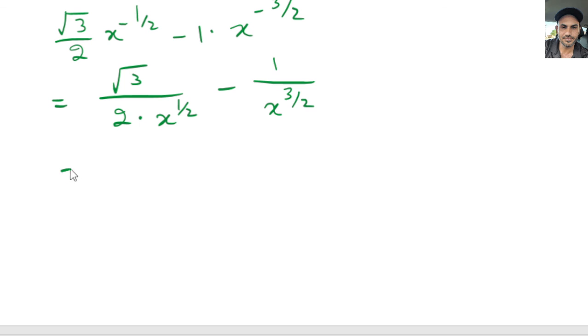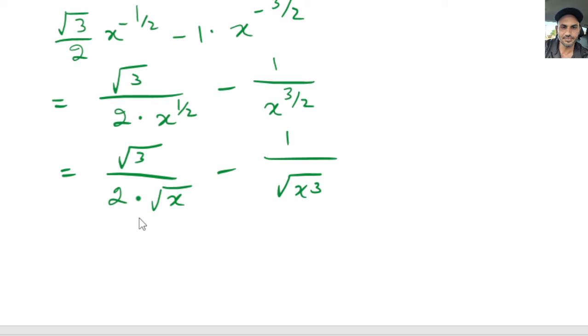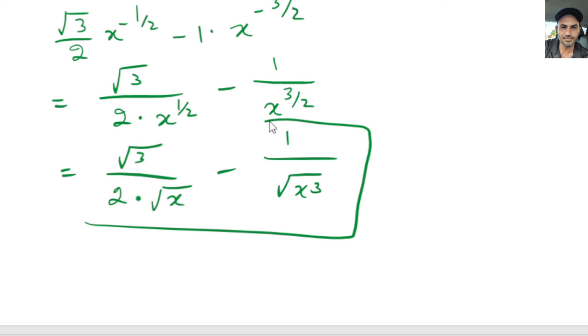You can bring back the radical sign if you want to. So this becomes square root of 3 over 2 times square root of x, minus 1 over, this would become, you're taking the square root of x cubed. Okay, so this would be your final answer.